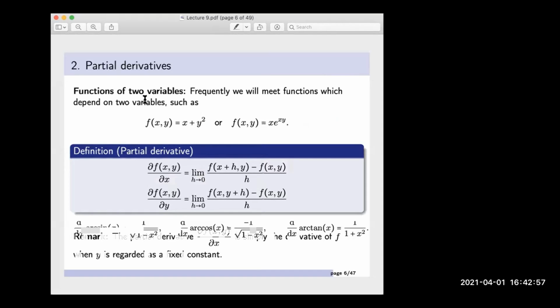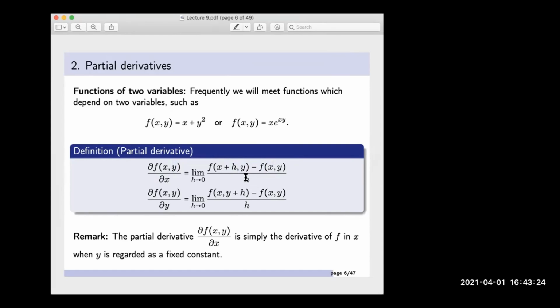For functions of two variables, we can define similar concepts called partial derivatives. A partial derivative means that you consider one variable as a fixed constant. For example, if you take the derivative in x, you consider y to be constant. You fix y and do not change it, and this rate of change is only for the x variable.